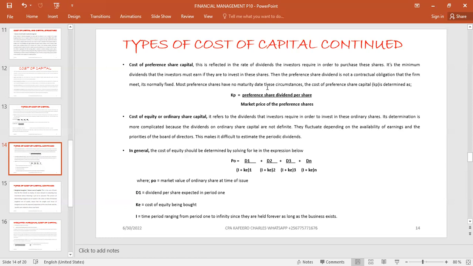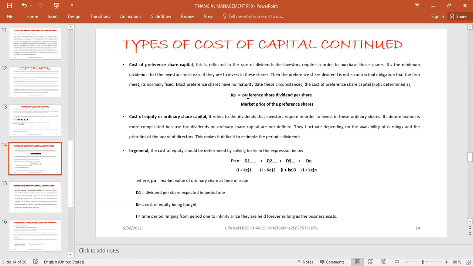And we are saying the preference share dividend is not a contractual obligation that the firm meets. It's normally fixed. What I want you to pick is that this percentage is, most of the time, fixed. If it is 10%, it is 10% throughout. If it is 20%, 20% throughout.